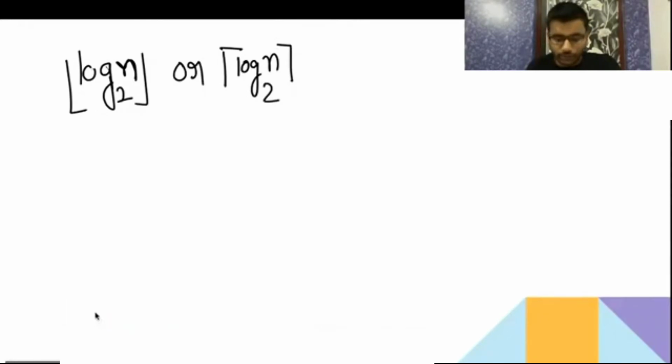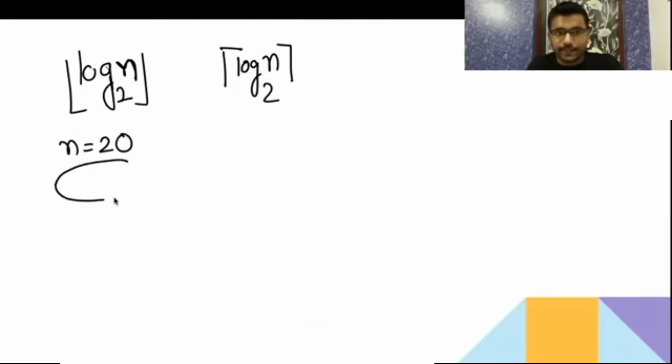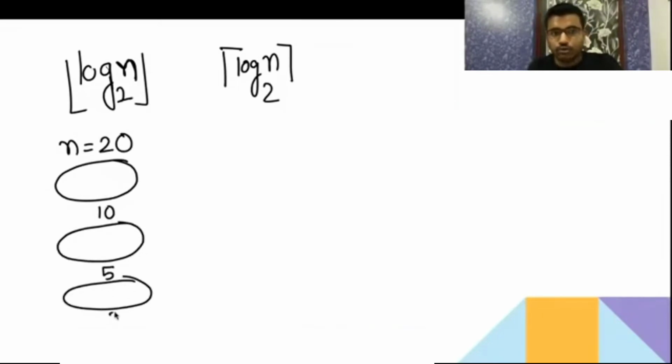Take n equal to 20 and try to find which is going to be the answer. So I am taking n equal to 20. It's greater, it went inside, then it divided by 2, 10, then it went inside, 5, it went inside, then 2, it went inside, then 2 to the power 0, it's 1, it will not. So it has executed 4 times.